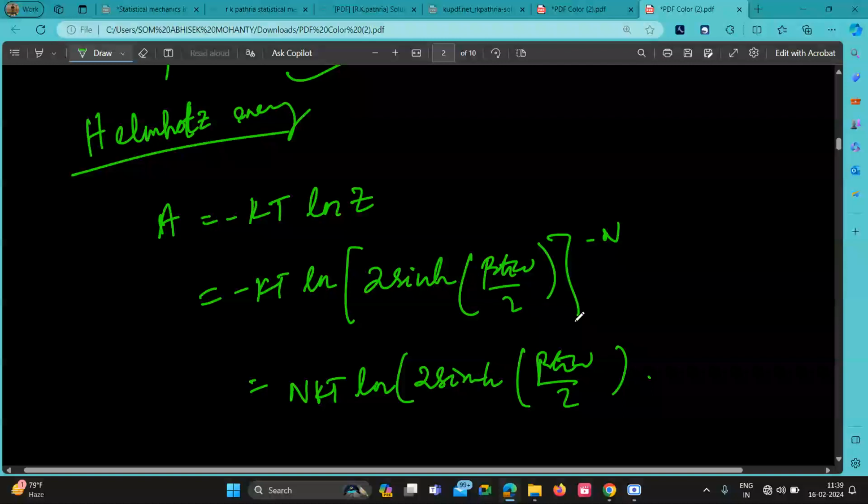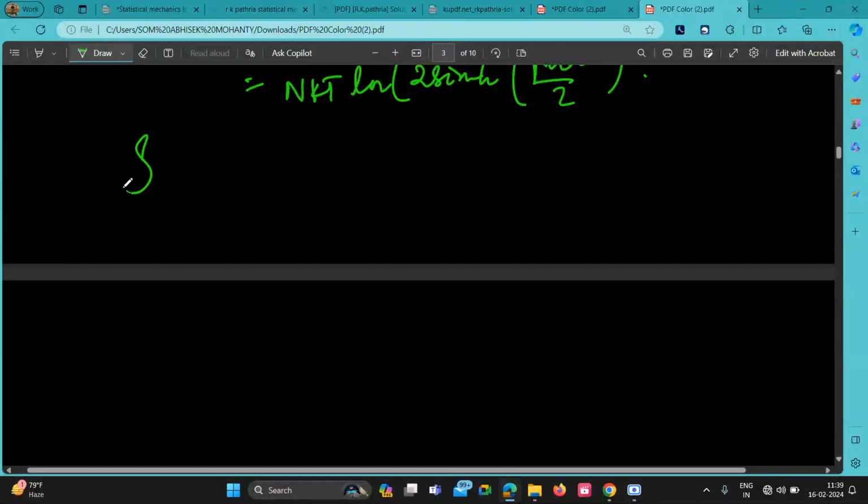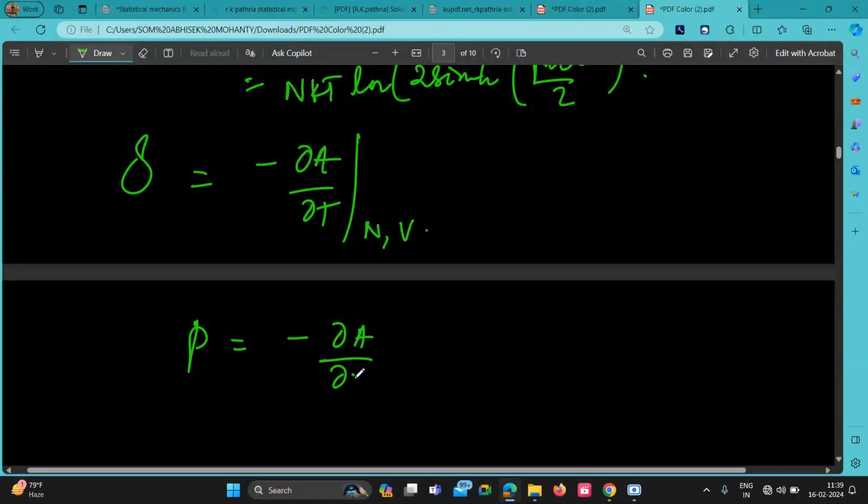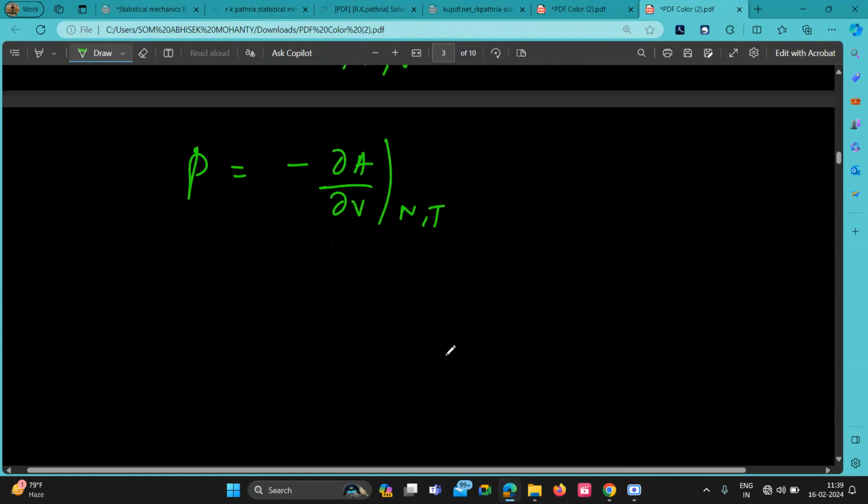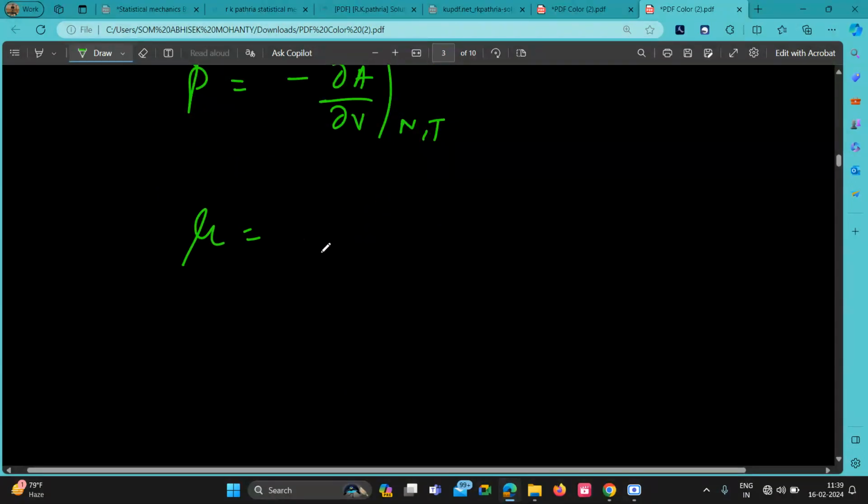Okay, so this way you can calculate a lot of things. Entropy you can calculate. Entropy is what? Entropy is minus del A by del T at volume and n constant. You can calculate that. Pressure is what? Minus del A by del V, at n and T constant. Chemical potential mu, please try to calculate this on your own.